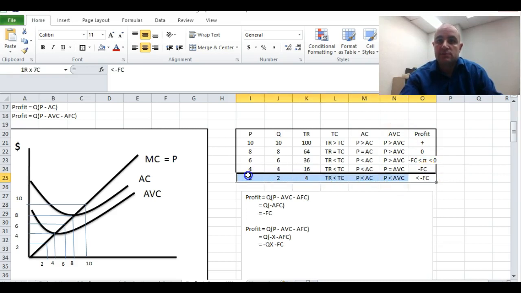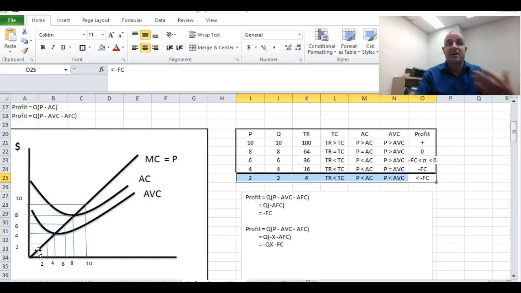And anywhere below this point here, at 2 and 2, for example, your profit is going to be less than minus your fixed costs. So if you shut down, your profit's minus your fixed costs. But if you stay open, your profit's going to be minus your fixed cost plus a little more of a loss.